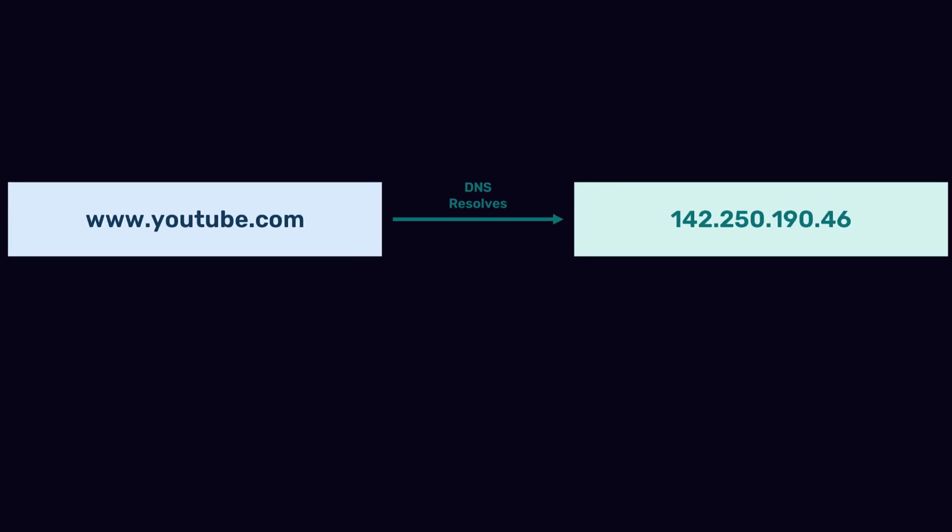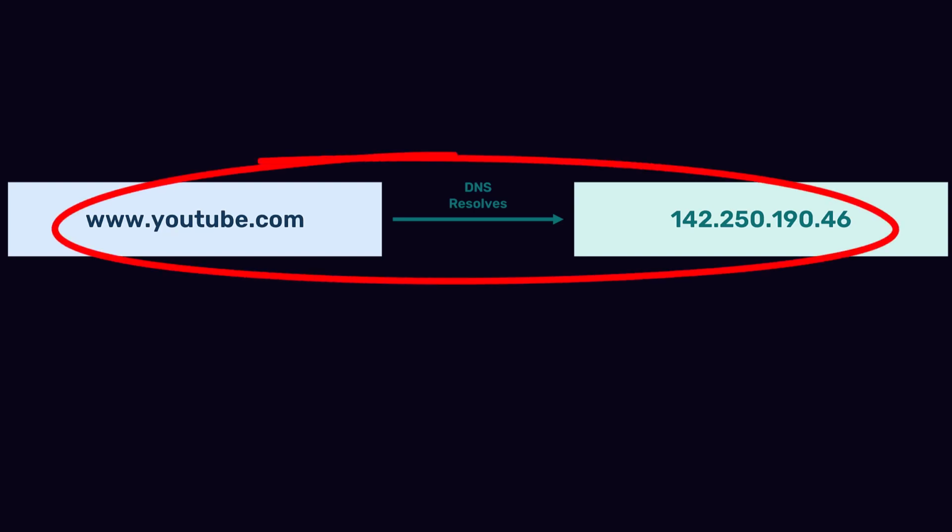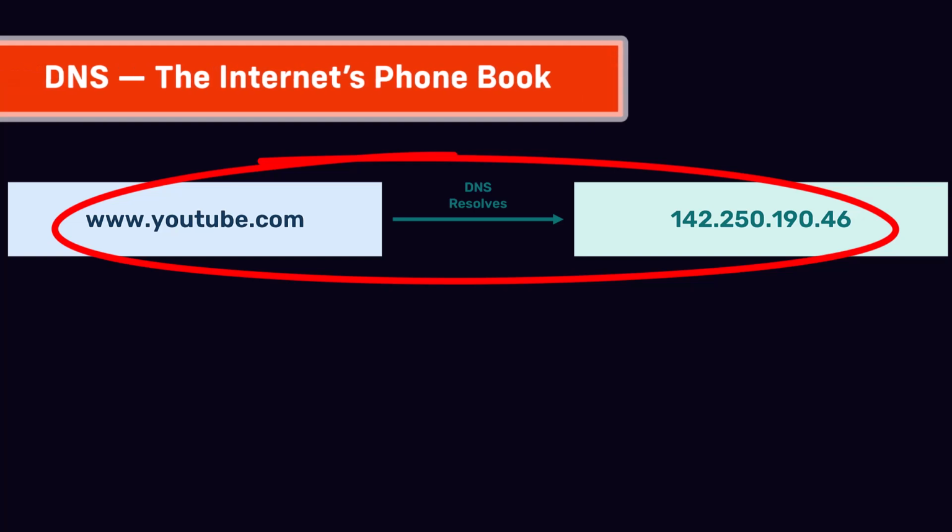So the very first thing that needs to happen is a translation, name to number: www.youtube.com to 142.250.190.46. And the system that does this translation, that's DNS, the Domain Name System. Think of it as an internet phone book.